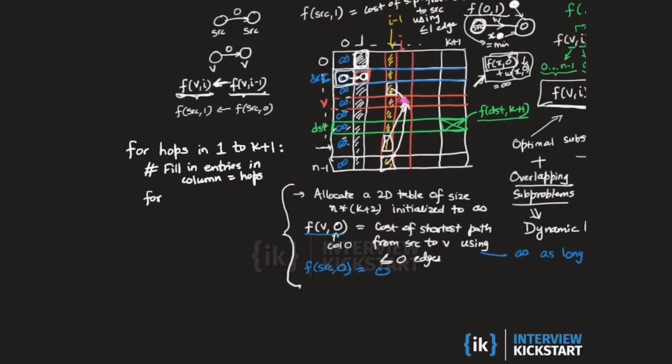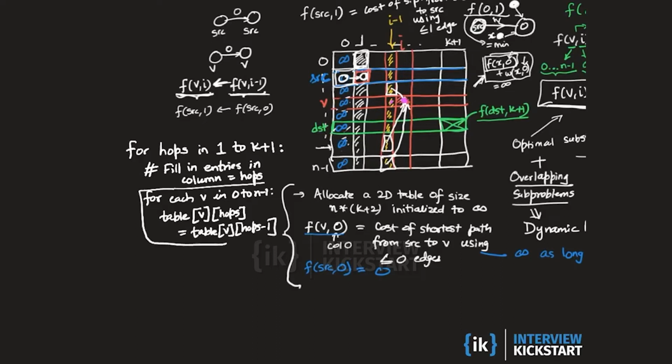So that's the baseline. For each vertex v in the graph from 0 to n minus 1, we will set the value of the cell at row v and column hops to the value in the preceding column for the same row. This is the baseline that we are starting from, which I talked about a few minutes ago.